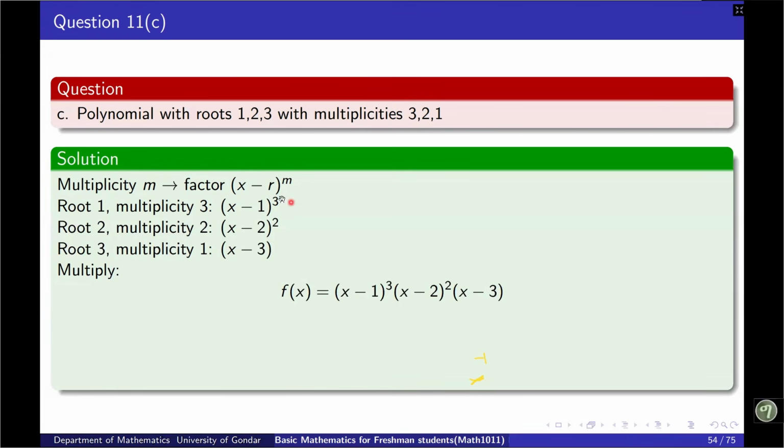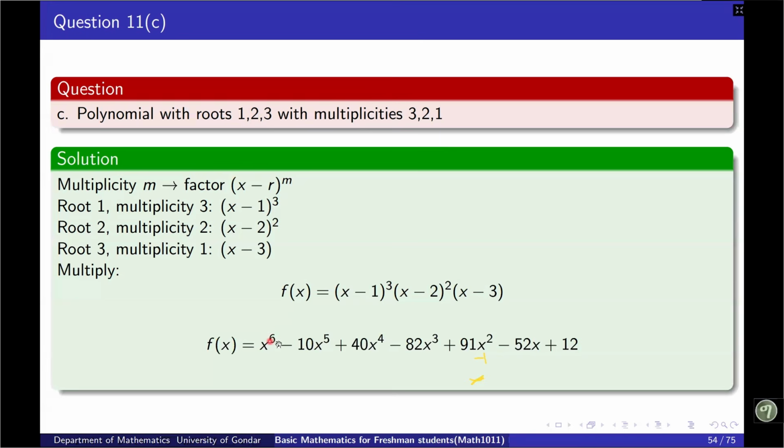Therefore, when we multiply all the factors, if f of x is the given polynomial, f of x is equal to (x minus 1) to the power of 3 times (x minus 2) to the power of 2 times (x minus 3). One thing you should remember here is that the degree of the polynomial function is 6.